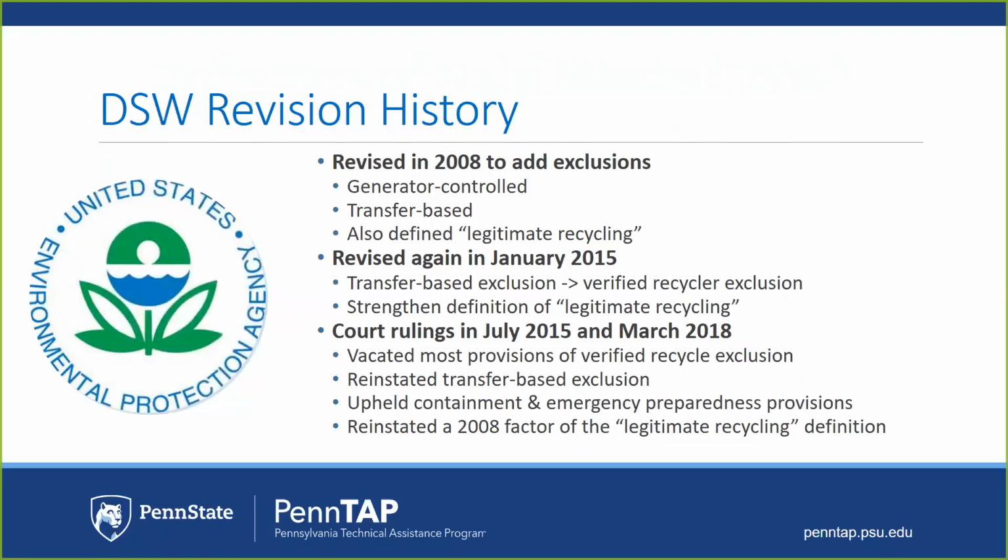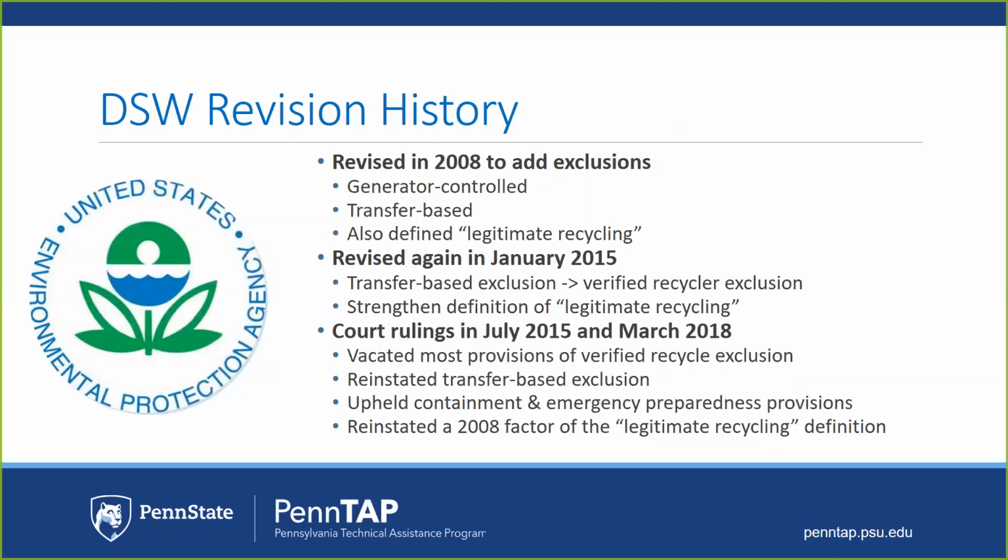In 2015, the EPA replaced the transfer-based exclusion with the verified recycler exclusion and strengthened the definition of legitimate recycling. Later in 2015, and then again in 2018, the U.S. Court of Appeals issued and amended a decision on the rule which made some additional changes.